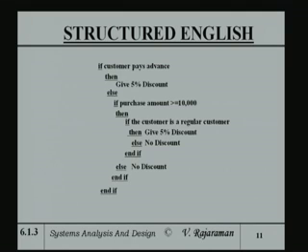As you know, the else should be bracketed, and the next else corresponds to the latest if, that is, if purchase amount is greater than or equal to 10,000. And then the final end if comes for the whole process, if customer pays advance.